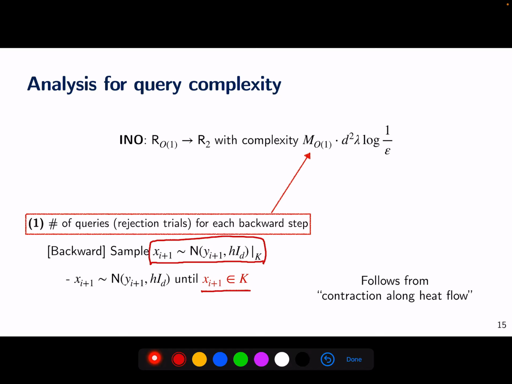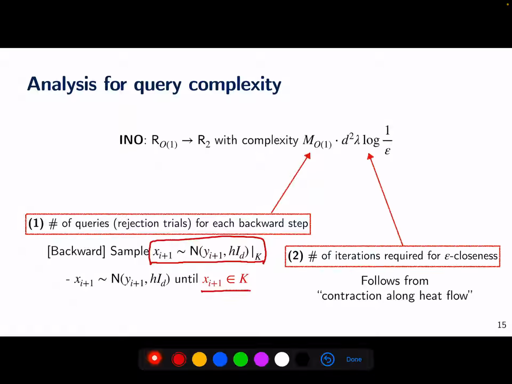Ideally, each backward step should be done within O(1) queries per step. The second part is simply the number of iterations of In-and-Out to be epsilon close to your target distribution. So this is the required number of iterations, and this is the per-step complexity. By multiplying these two factors, we can establish the query complexity of In-and-Out.